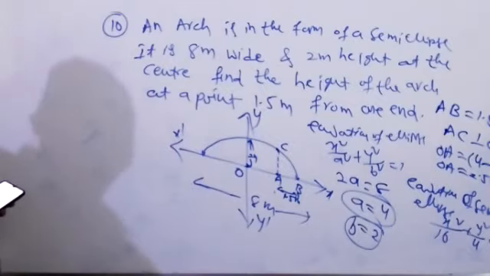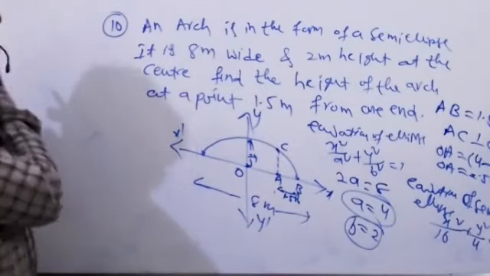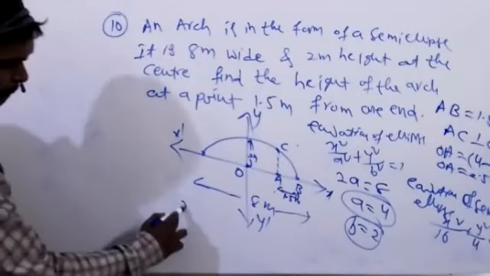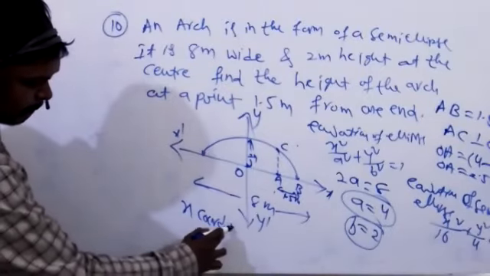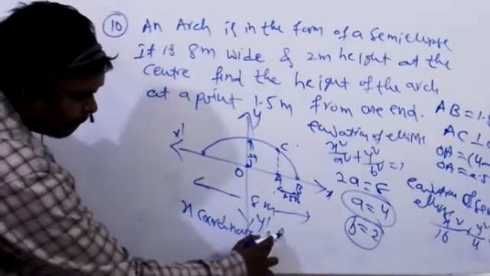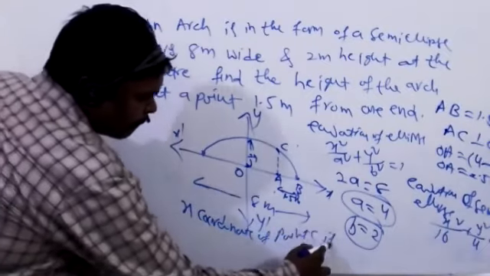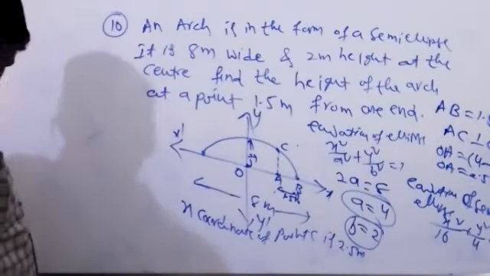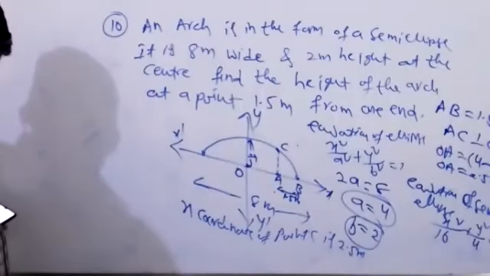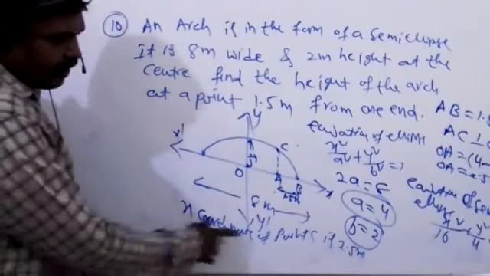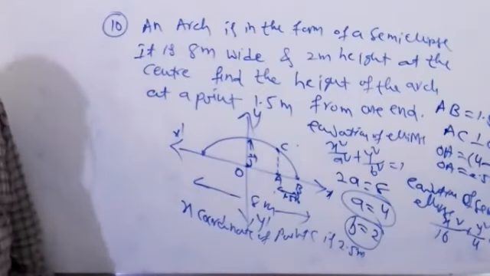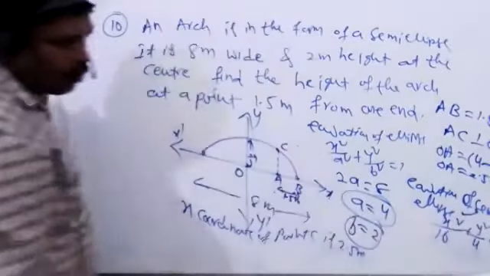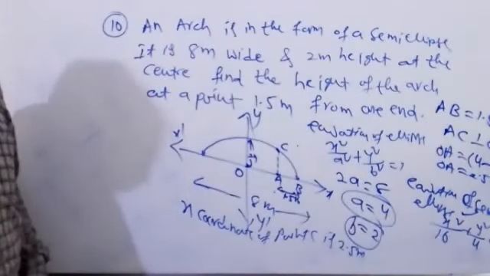The x coordinate of point C is 2.5. Then substituting the x value 2.5 whole square upon 16 plus y square upon 4 is equal to 1.